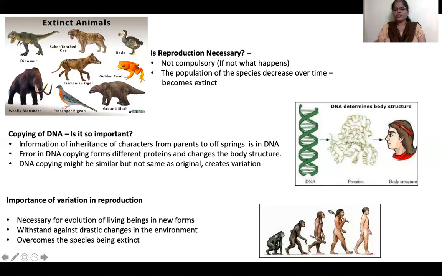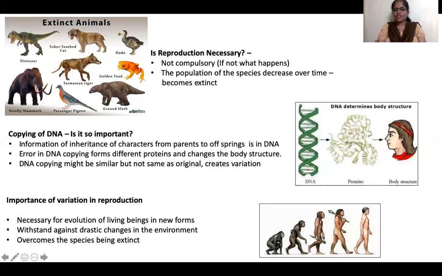We know that we have evolved. Now this is a human being. We have seen that we evolved from an ape or chimpanzee-like animal, and over millions of years we have evolved like this because of the variation. Why is it required? We know the environment at that age was totally different from this age.